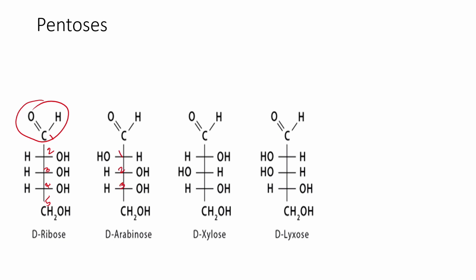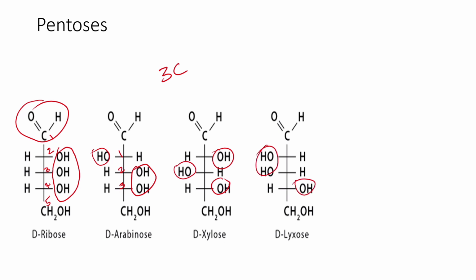And here all the OH is on the right. In this case, 2 OH on the right and 1 on the left. Similarly, this also. Here 2 OH on the right, 1 on the left. Here 2 OH on the left, 1 on the right. These are the differences between these pentoses.